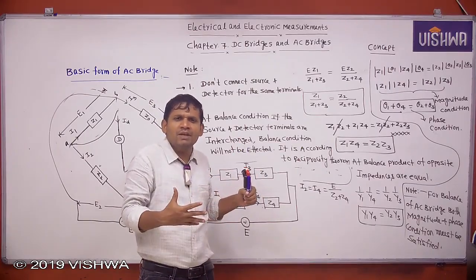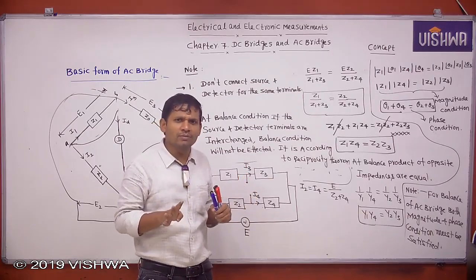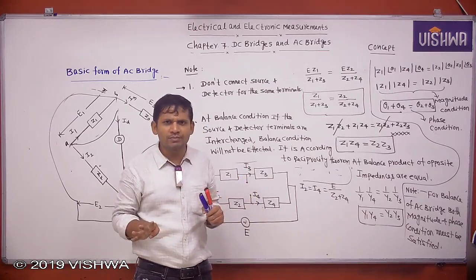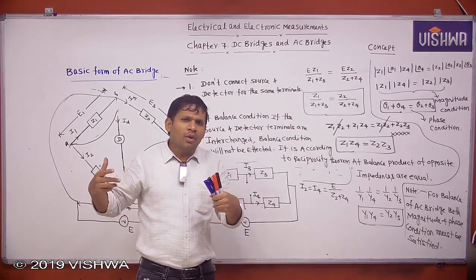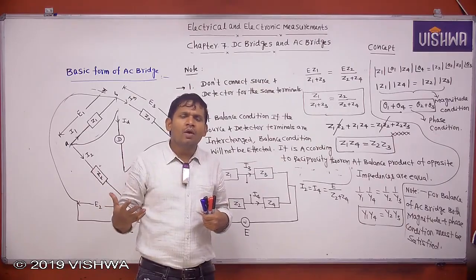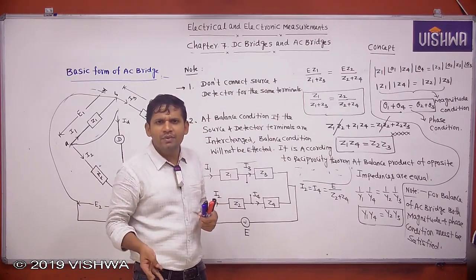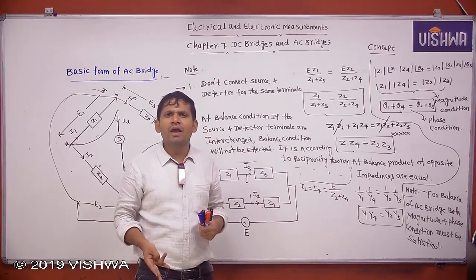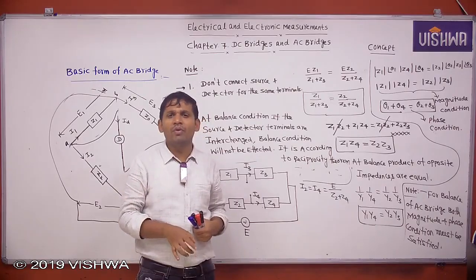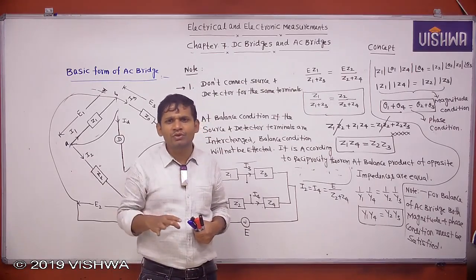One type of question is to check the balance condition of the bridge. The other type gives a bridge circuit with an unknown impedance, and asks you to identify the elements of the unknown impedance and calculate the values of those elements.